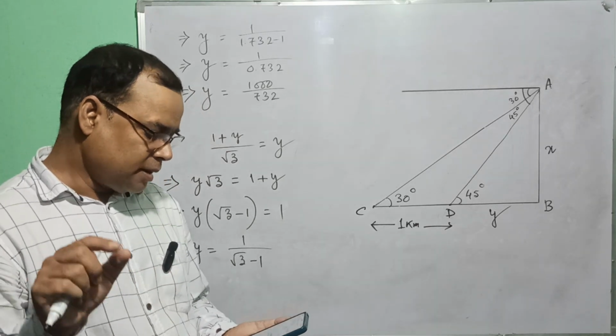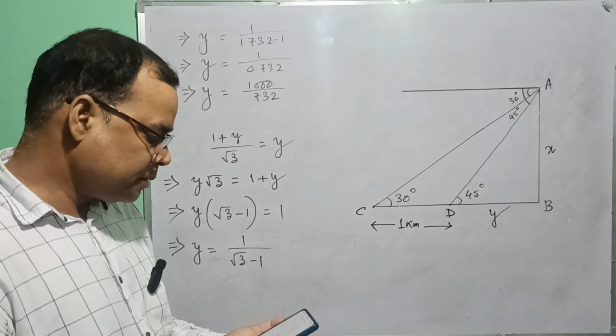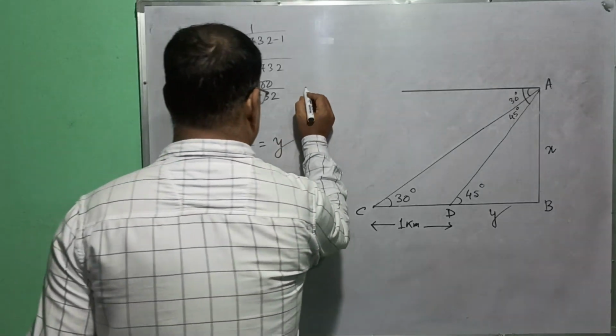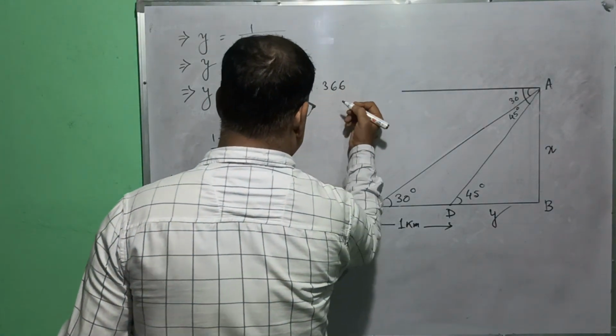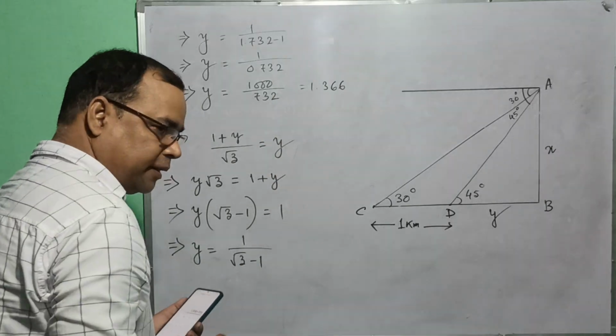We'll take up to 3 decimal places, so it is 1.366. This is the value of Y.